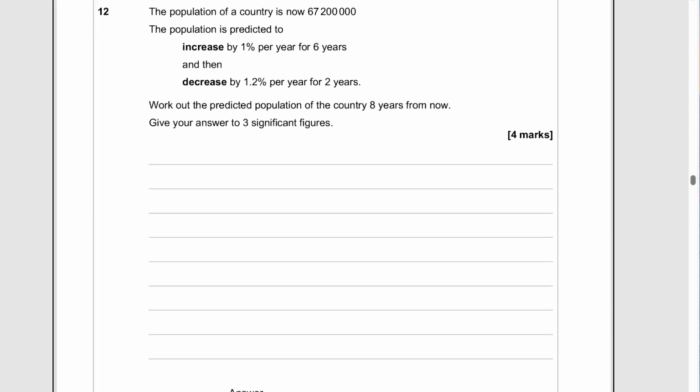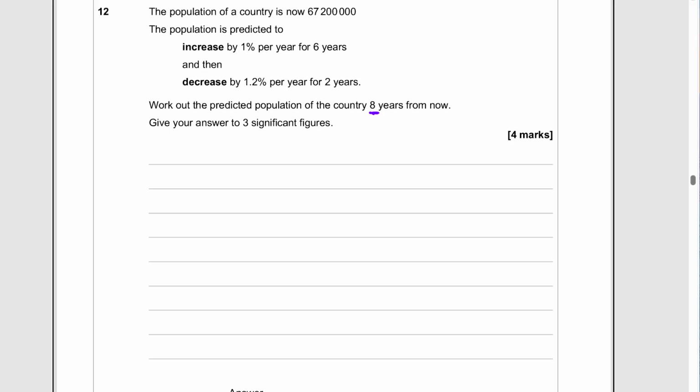Question 12. The population of a country is now 67,200,000. The population is predicted to increase by 1% per year for 6 years and then decrease by 1.2% per year for 2 years. Work out the predicted population for the country 8 years from now.